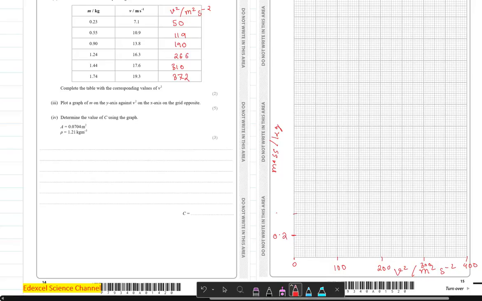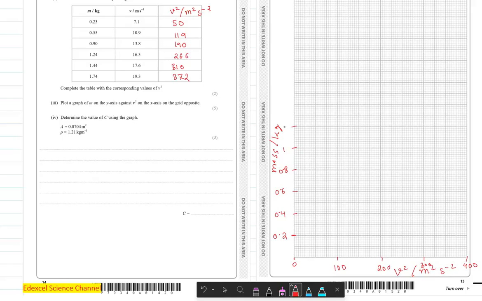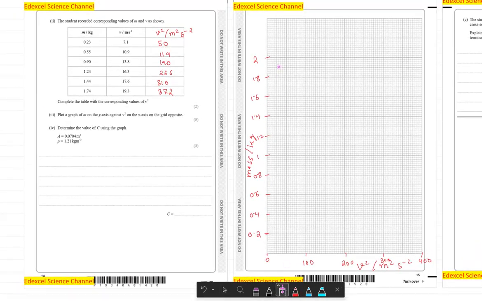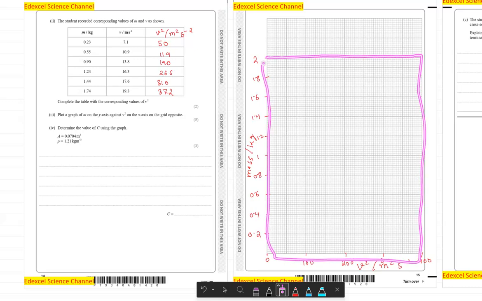So this is 0.4, 0.6, 0.8, 1, 1.2, 1.4, 1.6, 1.8, and this is 2. Now you see the space that I have used in this graph is basically this much. This is obviously more than 50% of the entire grid. So now all we have left is plotting and then sketching the graph.